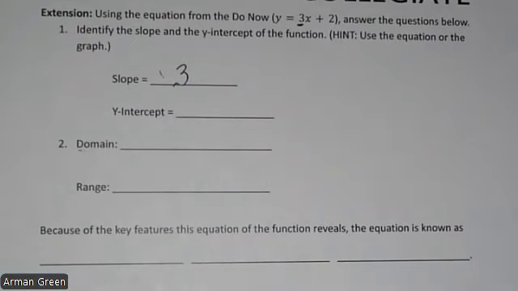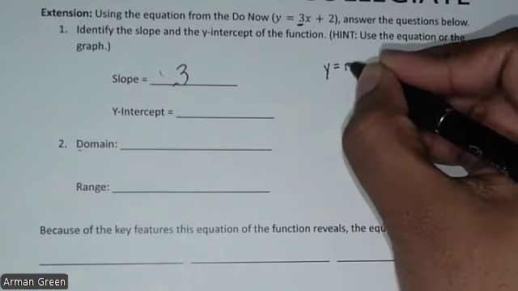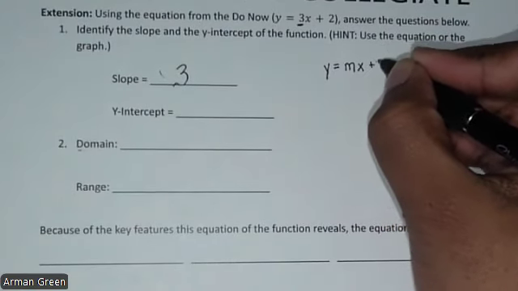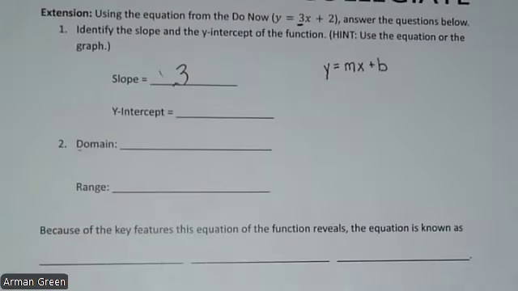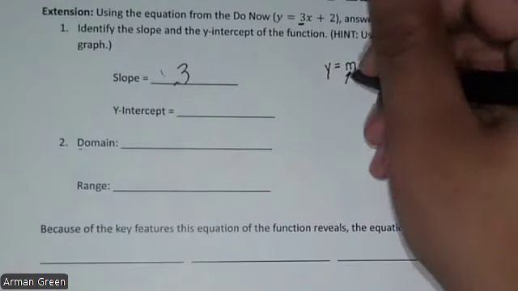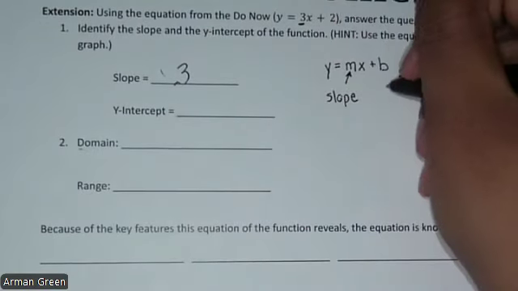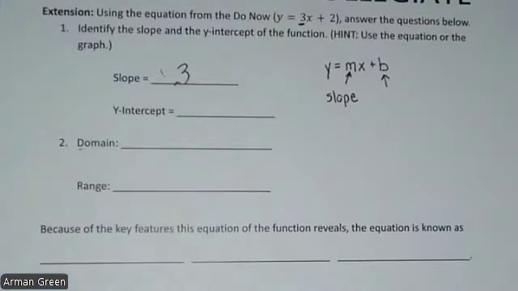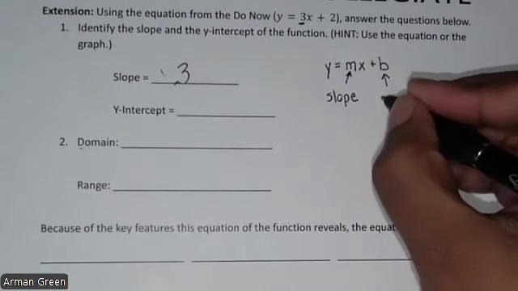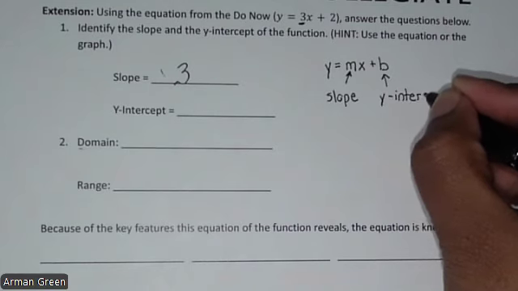If we remember, when it comes to equations for lines, one of the ways that we learned it is using the formula y equals mx plus b. Remembering this, we said this part here, m, represents your slope. And this variable here, b, represents your y-intercept.